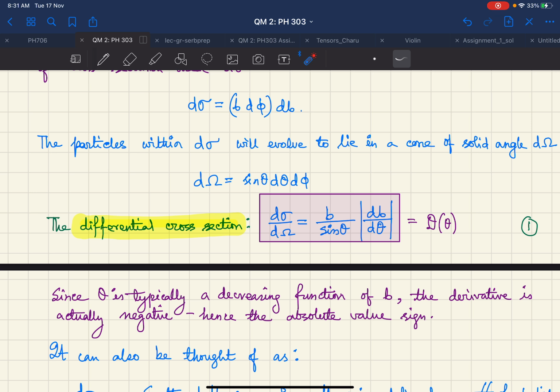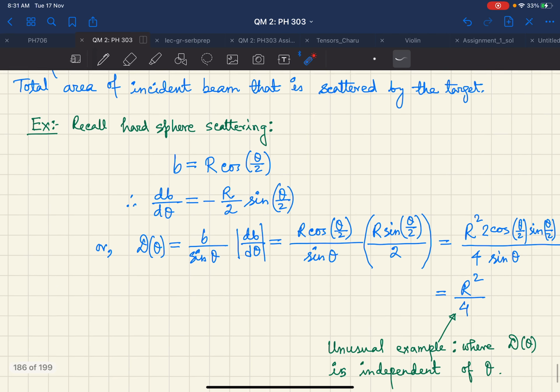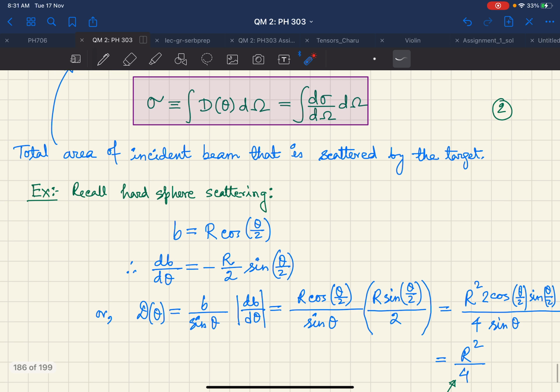So db/dθ is nothing but minus R/2 sin(θ/2). As we have already said, db/dθ will generally be negative. So D(θ), the differential scattering cross section, should be b over sin θ times the modulus of db/dθ, and then we substitute all the things.